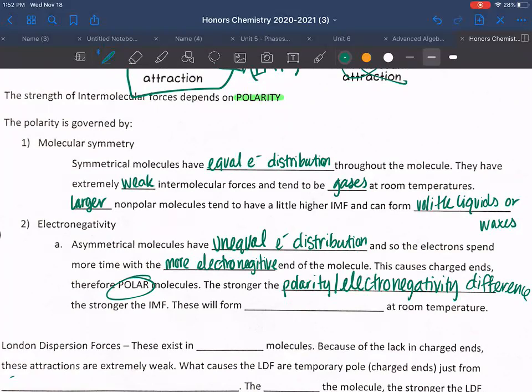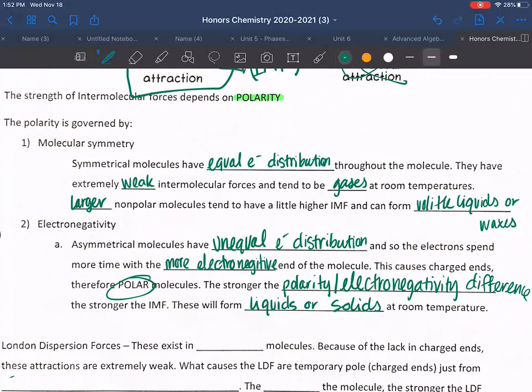Those molecules are going to want to stick together more. And so typically these form liquids or solids at room temp. So you guys recall this information? It feels good? You're comfortable with the concepts here?